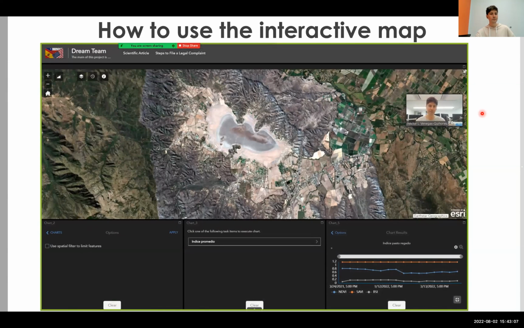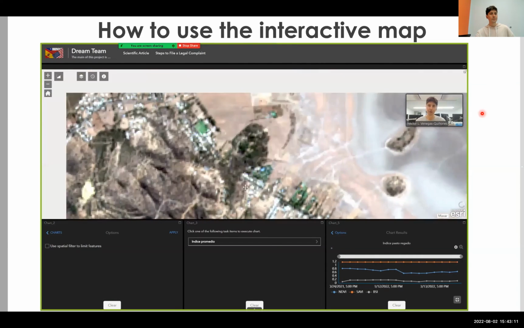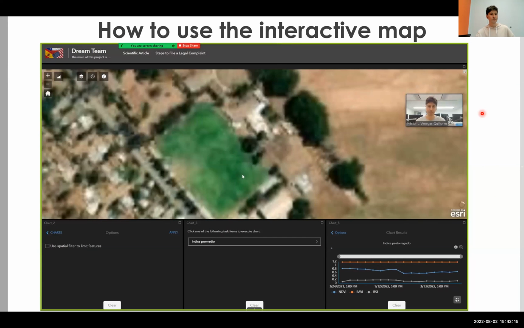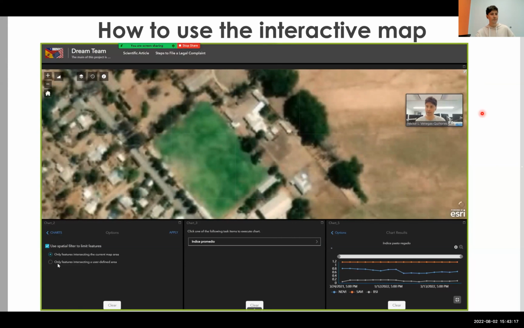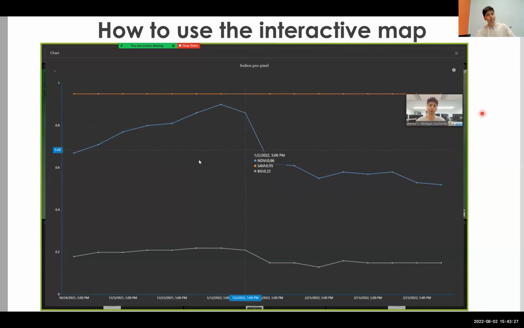Also, if you are looking for a specific part of the area, for example, if you are worried about the soccer field, you can go to this and select one specific pixel. For example, this one. And we can have all the values.